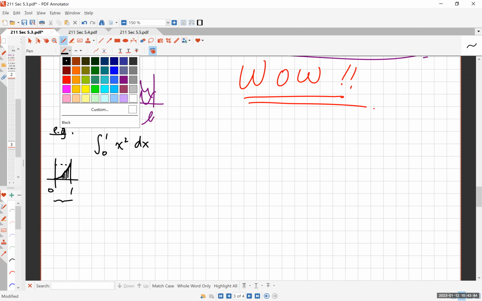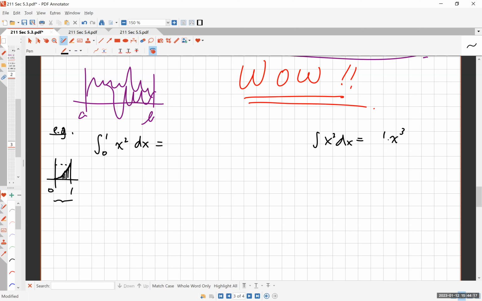Well, guess what? Do you know the antiderivative? By the way, when I say the antiderivative, I'm talking about the indefinite integral. Do you know any function whose derivative is x squared? Well, clearly you have to have x cubed, but if you take the derivative of x cubed, you have 3x squared, which is not this, but you can make an easy adjustment here. 1/3 x to the third plus c, right? You always have to have the plus c.